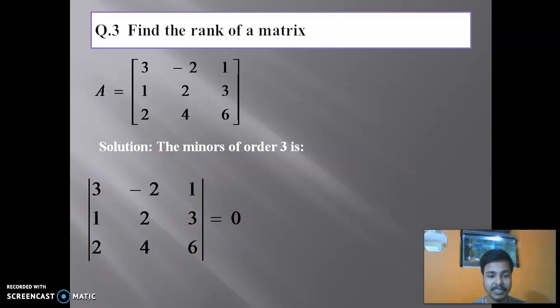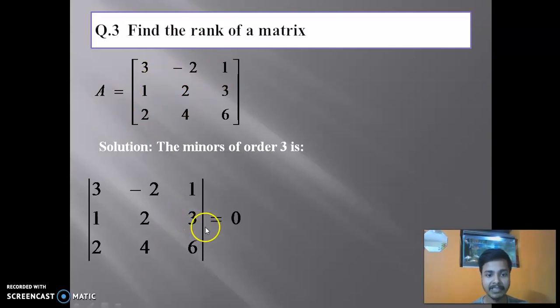So what are the possibilities we have? We have 2 possibilities. Before that, the very first thing is that the rank of this given matrix cannot be equal to 0. So either the rank of this matrix is 1 or the rank of this matrix is 2. Rank of the matrix equal to 3 is not possible.